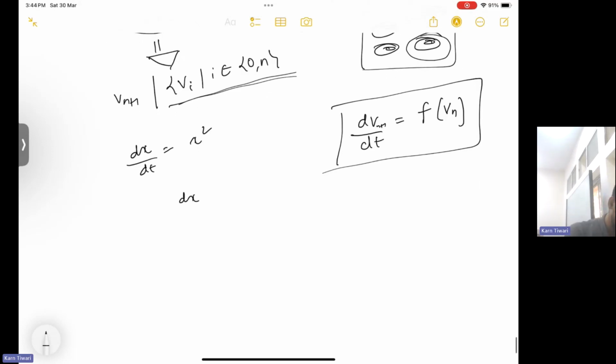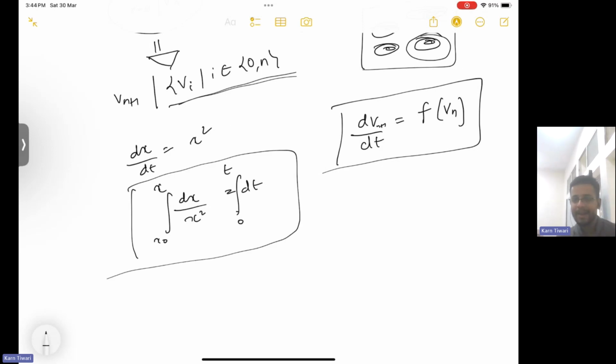It's very easy. Just integrate both sides from 0. For example, the initial position was x naught, and we want to know the position x from 0 to t. So we can get this kind of differential equation, and it's a unique solution for this particular kind of ODE.